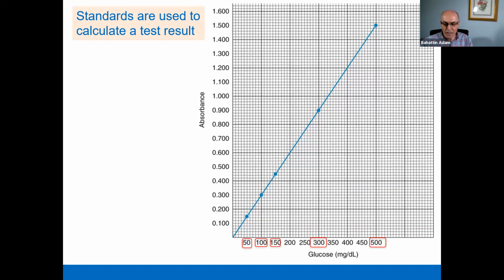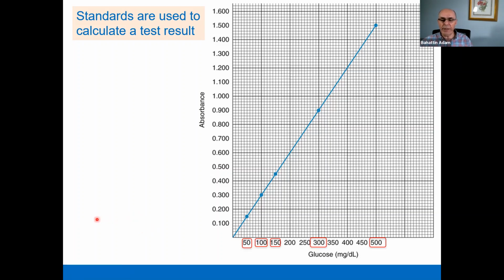Let's say you need to measure the level of the glucose in patient samples. And for that, you need to prepare a graph by using different levels of the glucose, as you see here.